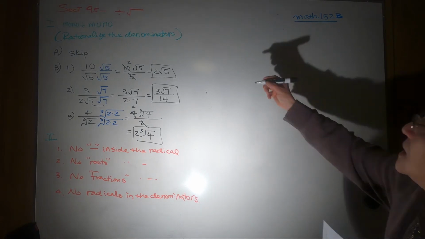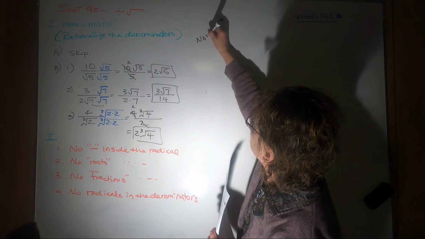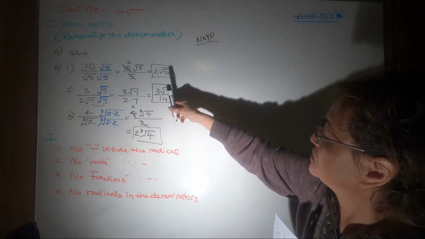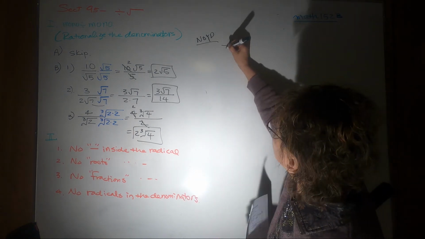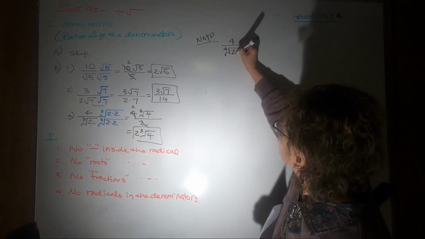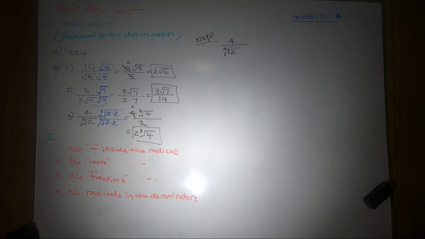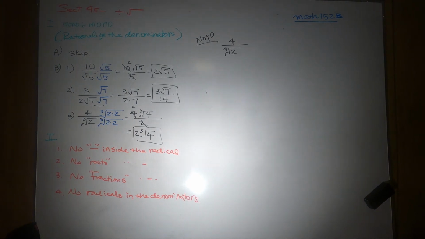Okay, let's try this. Not on your paper. Similar to this, if I have 4 over the 4th root of 2, right? What do you think? How can we get rid of the crazy things on the bottom?